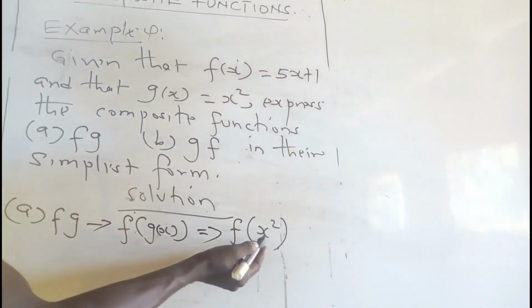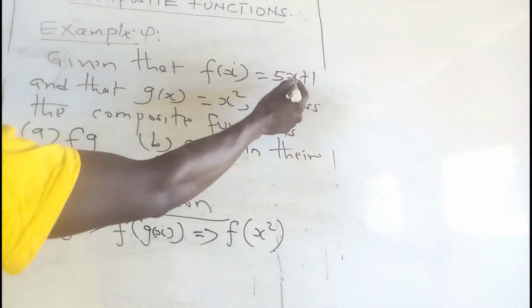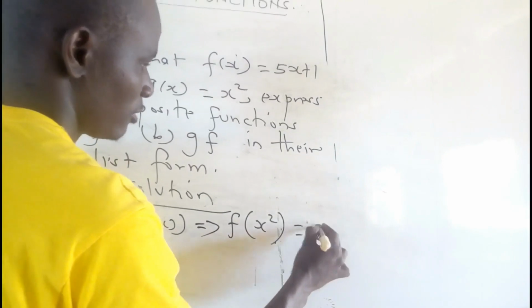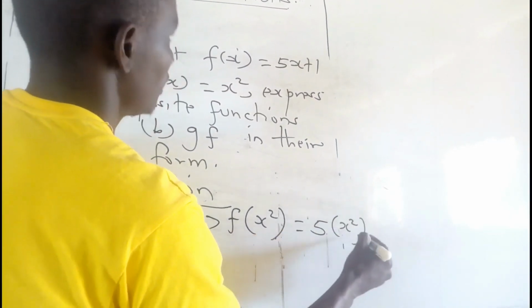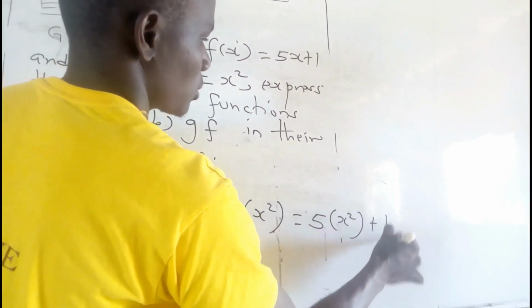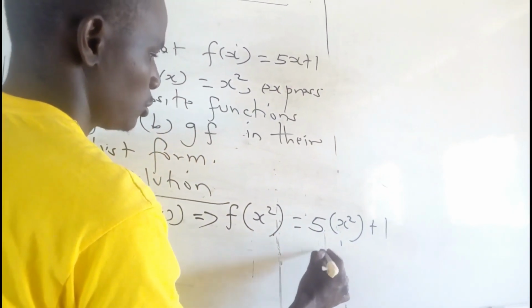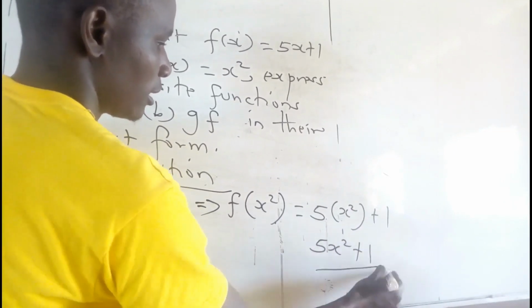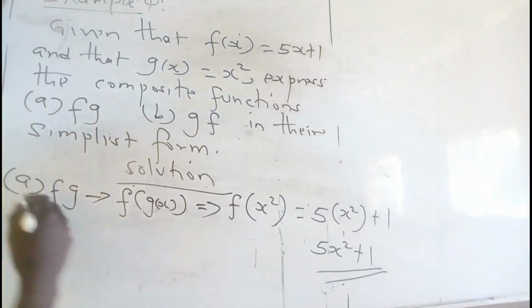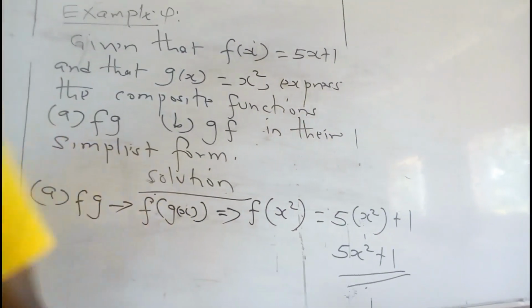So we only plug in x squared where we have x. This will give us 5 times x squared, instead of x, plus 1. If you work this out, you'll get 5x squared plus 1 as our answer for part A.